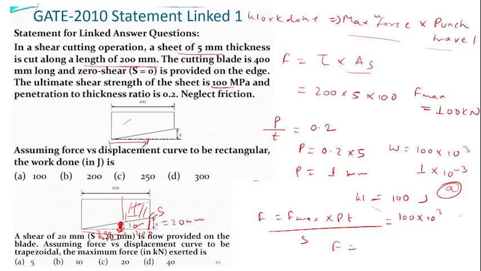Into 10 to the power 3, and P was 1, T was 5, S was 10. Any doubt in this? Okay.